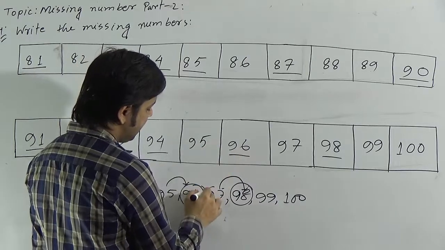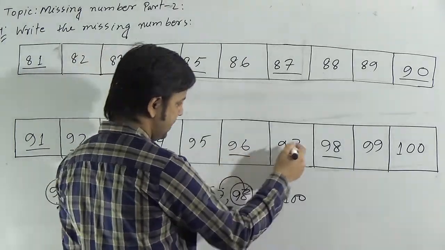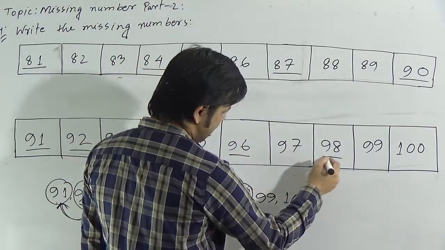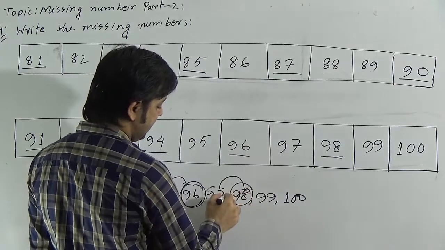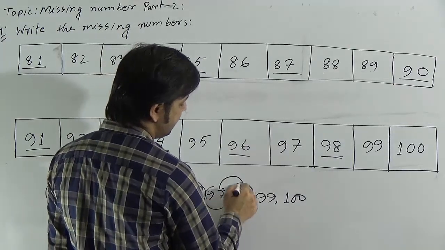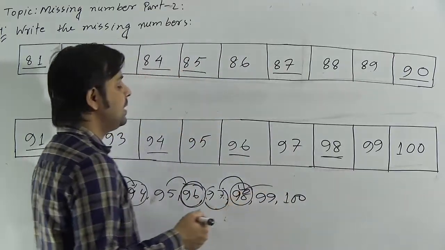After 95 we will get the number 96, so we write 96 here. 97 is given, again a gap is given here. After 97 the number is 98, so we can fill up this gap by 98.